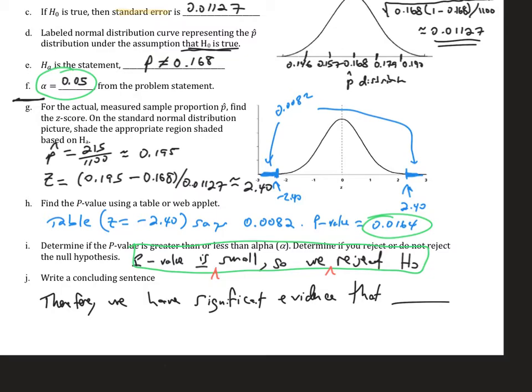But I know what p means, right? P is the proportion of Shippensburg adults who are smokers. That's what p is. And the alternative hypothesis says that it's not equal to 0.168.